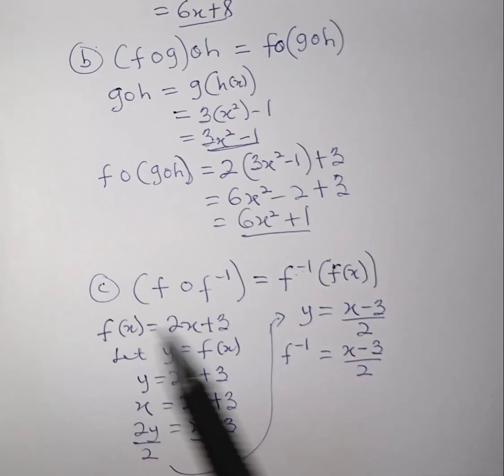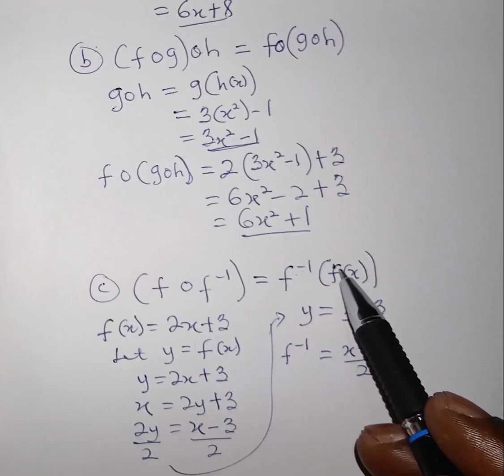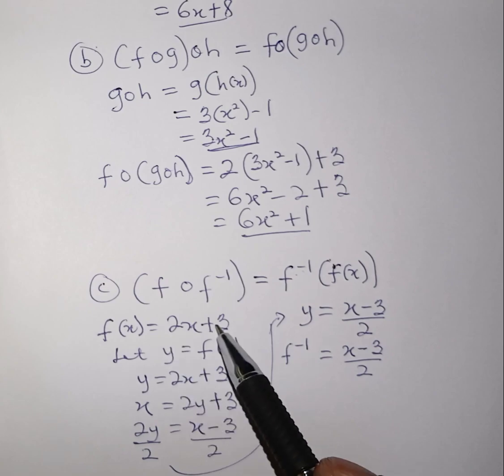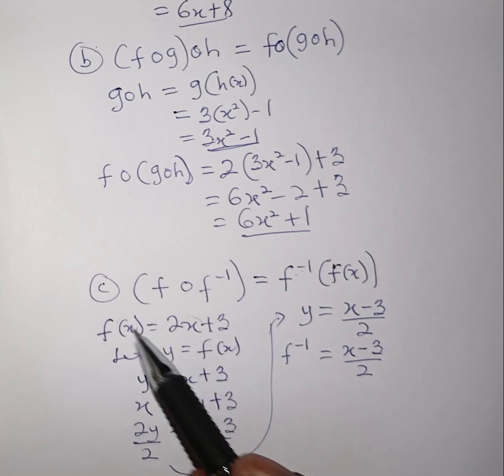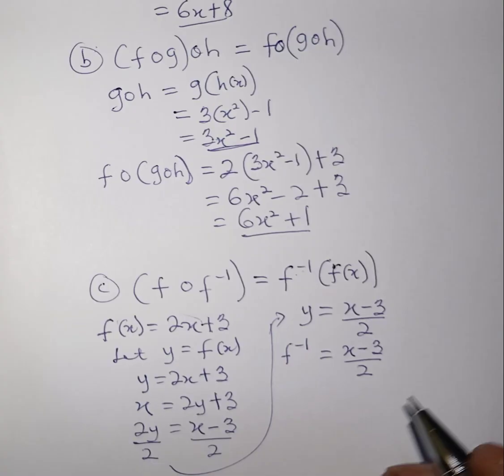Good. Now, once we have calculated the inverse, the rest is very easy. Because it says we should substitute the function f at x into f inverse, I'm going to put the entire thing into its inverse. Wherever I see x, that is what I'm going to write there. Okay, great.